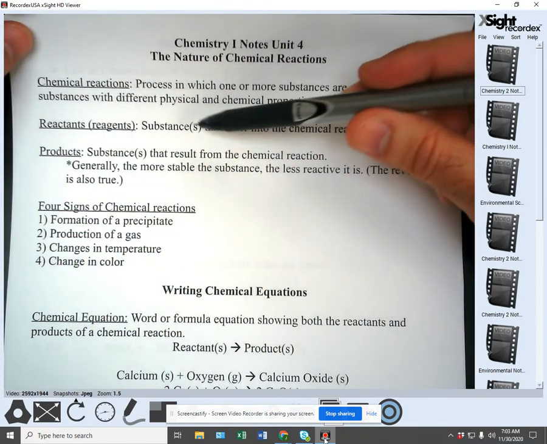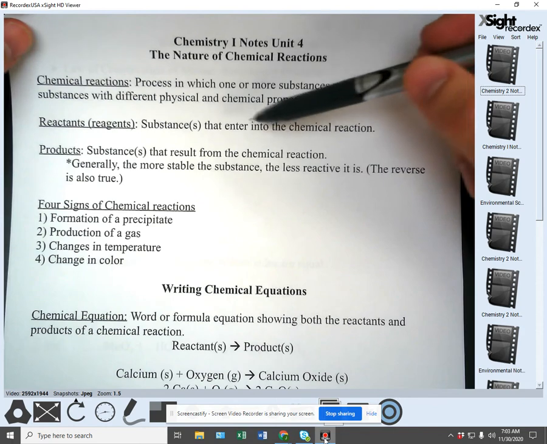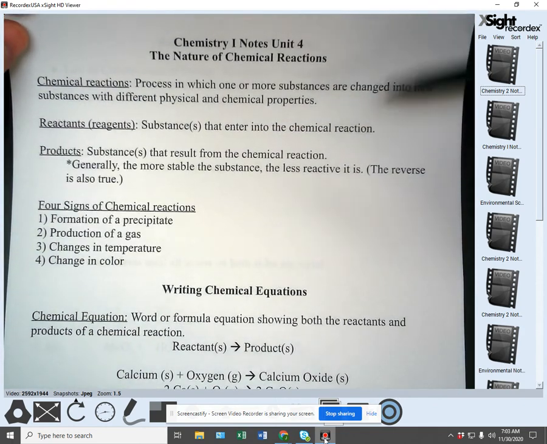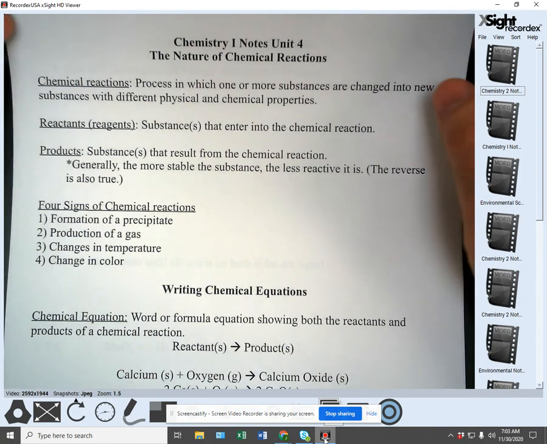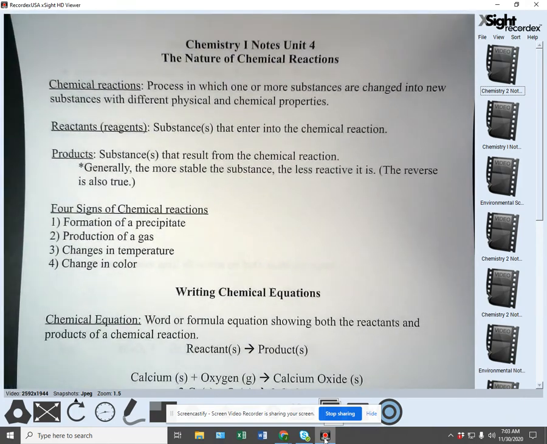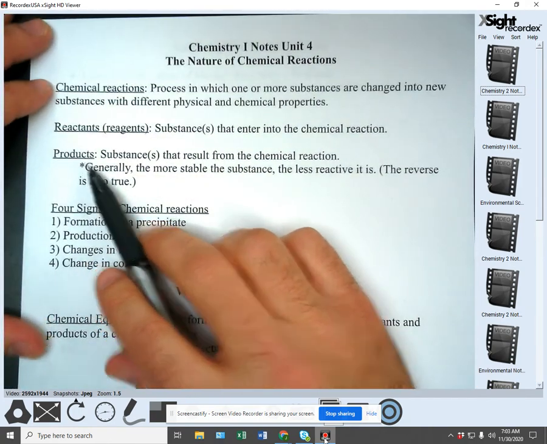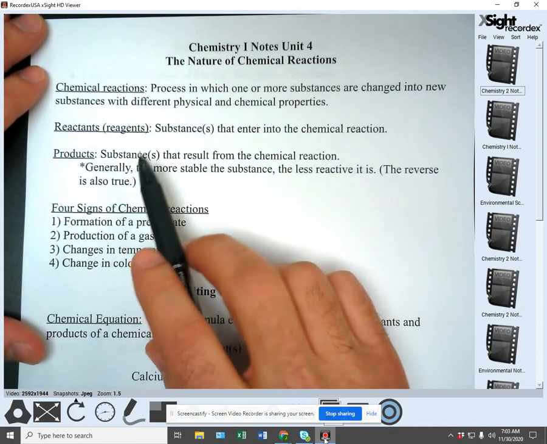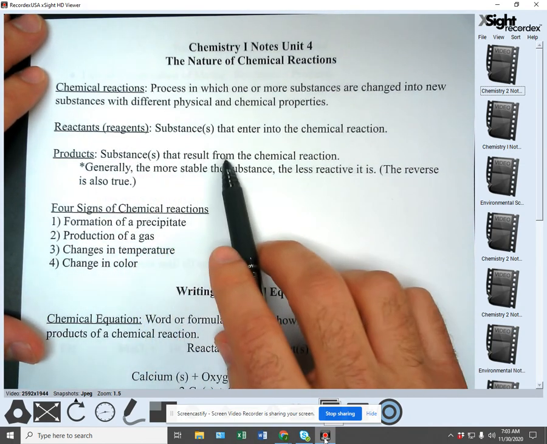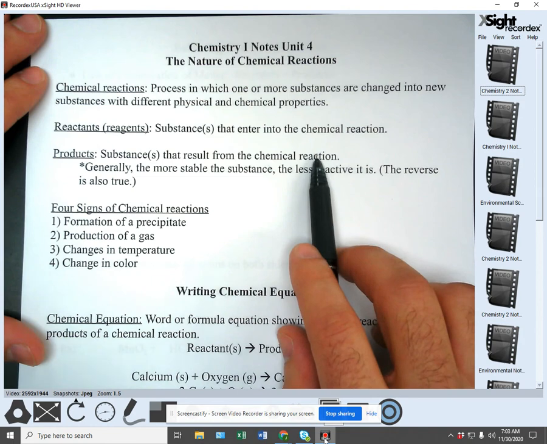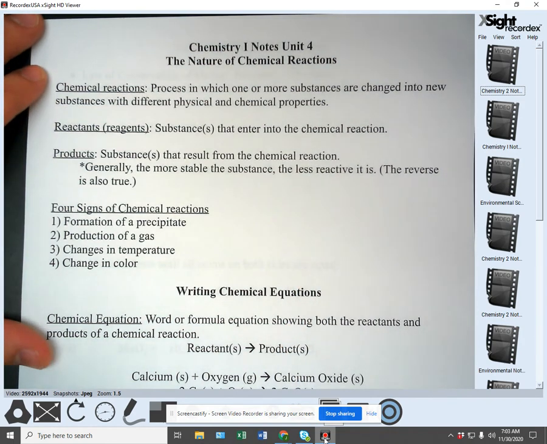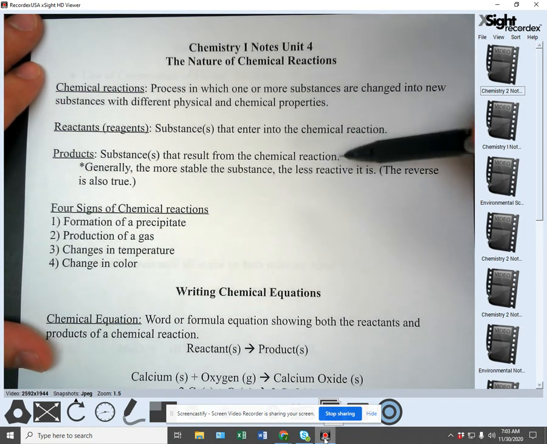These are the substance or substances that enter into the chemical reaction, so it's the stuff you have before the reaction occurs. And then you have products. These are the substance or substances that result from the chemical reaction, so this is what you get after the reaction is completed.